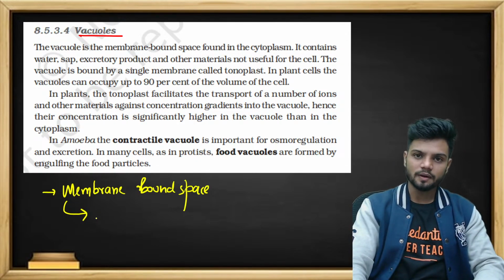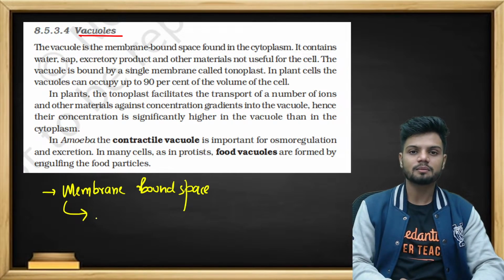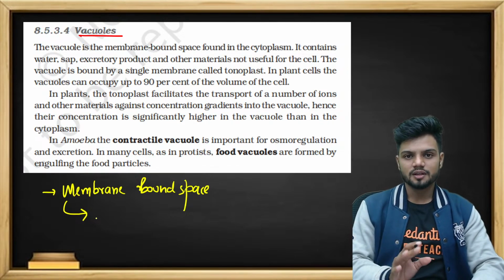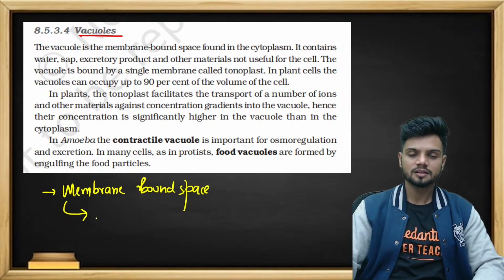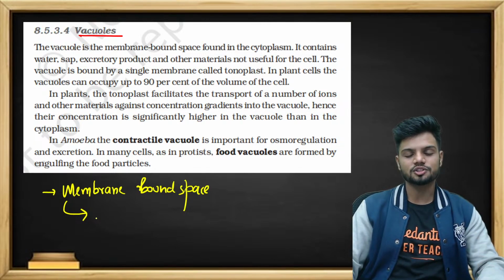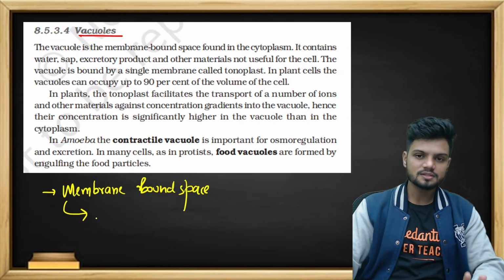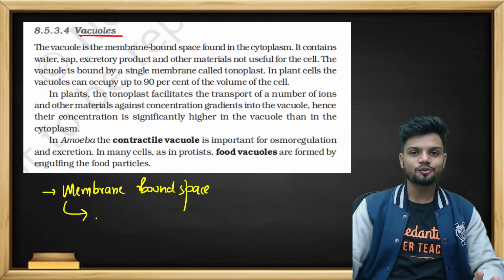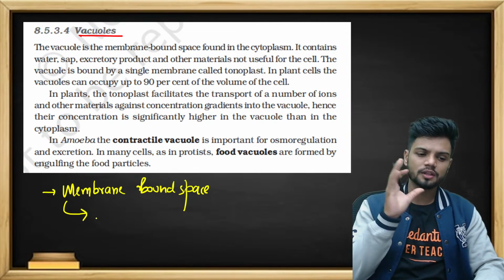Anything the plant doesn't require or requires will be stored here. It is like how you store your money in the bank, or you have an almirah in the house. In the almirah or wardrobe, you keep all the clothes, all the required things. Even though there is some dress or pant or shirt you will never wear in your life, still you will keep it in that wardrobe. Same in the case of vacuoles, anything the plant has will be stored in the vacuoles.